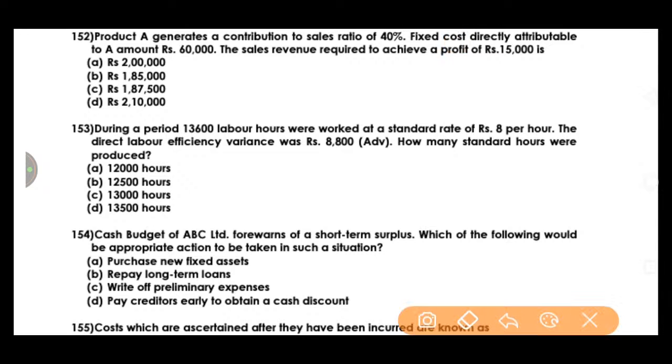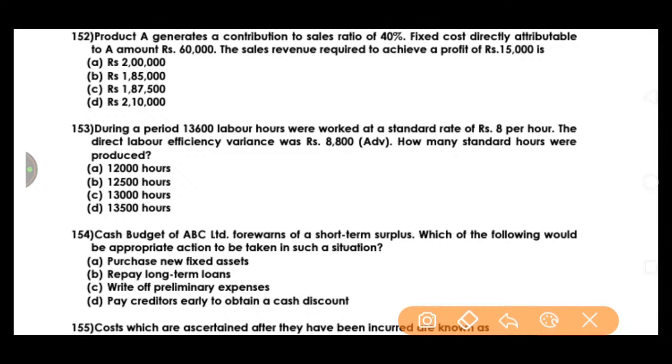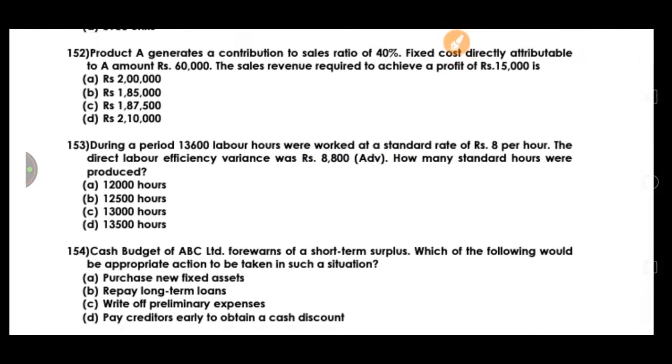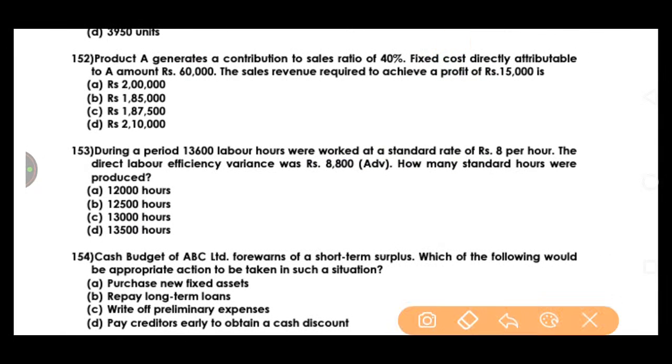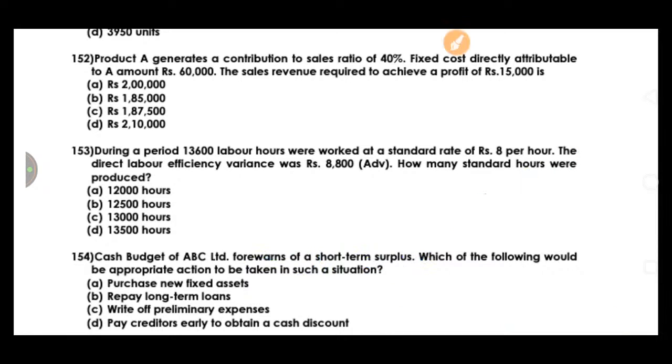So we calculate during a period of 13,600 minus 11,100. So here it is. Calculate labor efficiency equal to rate per hour divided by adverse. So we calculate labor efficiency rate. So labor efficiency rate ratio, direct labor hours 8 divided by 880, we got 1,100.